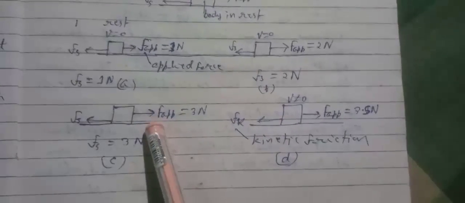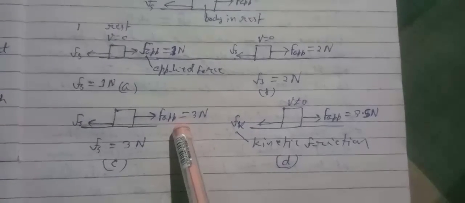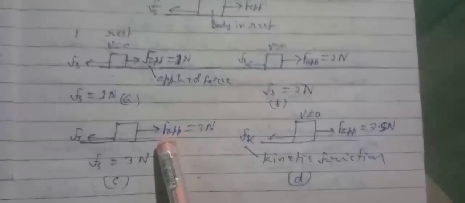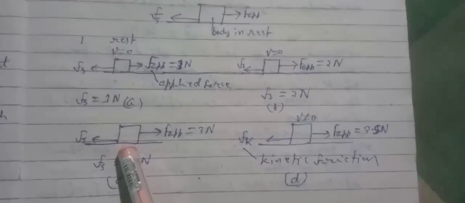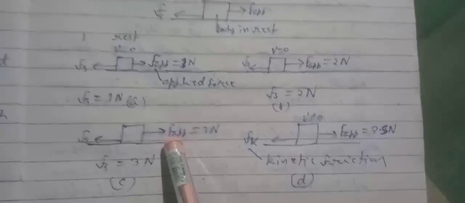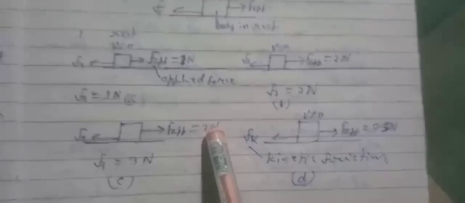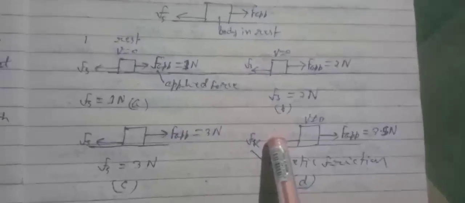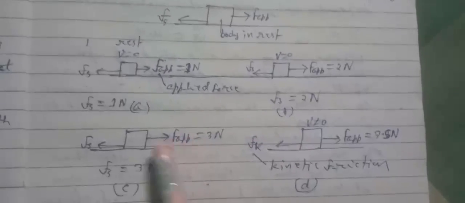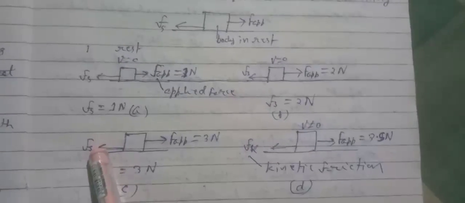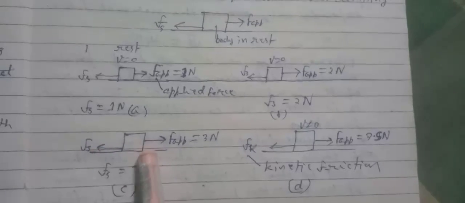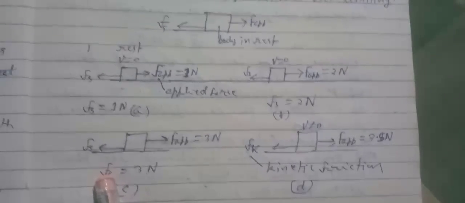Later again we have applied force F equals 3 Newton, and again the body is in equilibrium. Now when we apply a little more than 3 Newton, the body starts to move. At that time the friction force acting on the surface is called limiting friction.